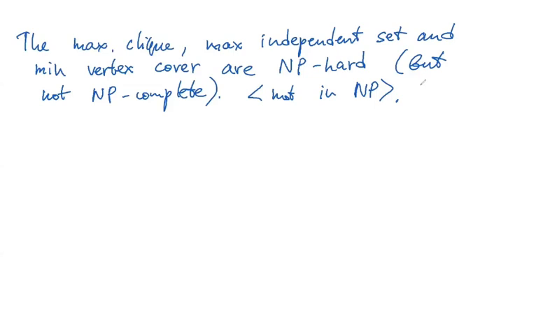So now we proved the NP-completeness of several more problems. So see, we are increasing the arsenal of problems that we can use for reductions to show that other problems are NP-hard or NP-complete.